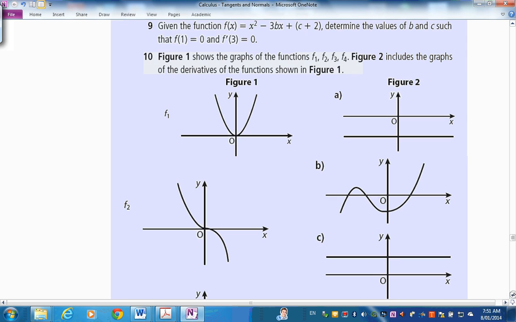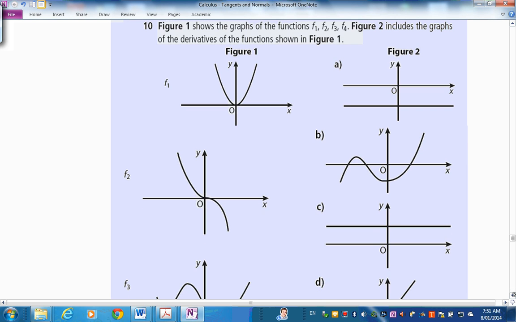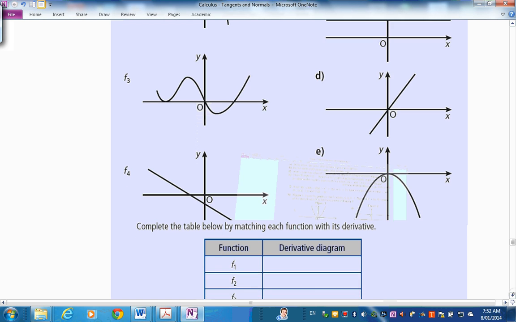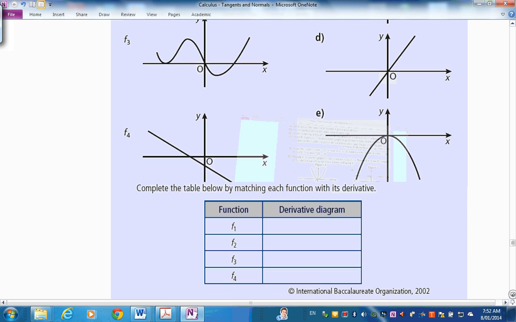Okay, so we might have to scroll up and down for 10, because there's a table. Okay, so we'll just go there. Have to scroll back to look at the graphs. Copy and match each function with its derivative. Copy the table. Okay, this is from 2002, they asked this question.